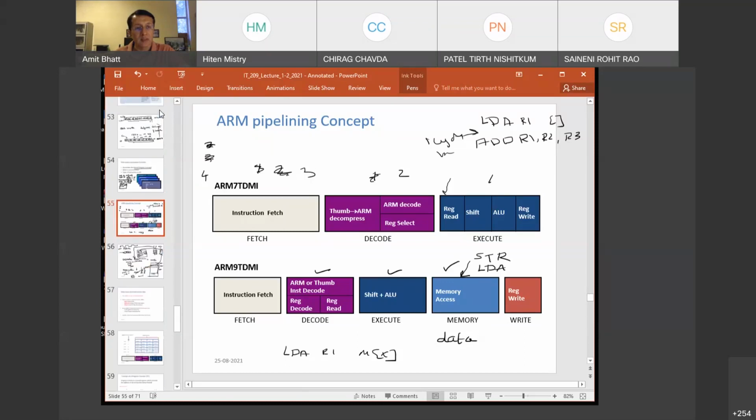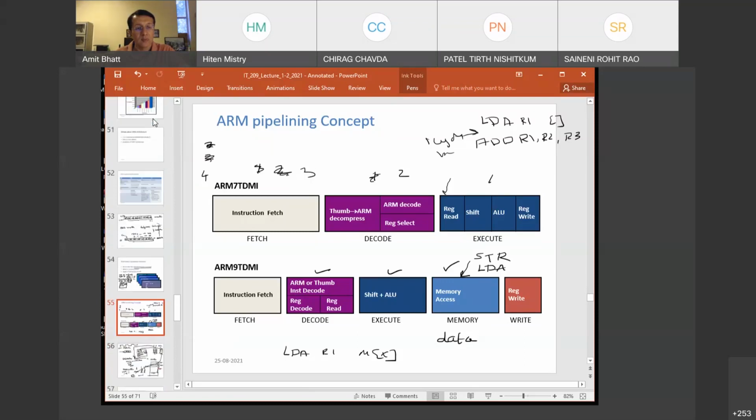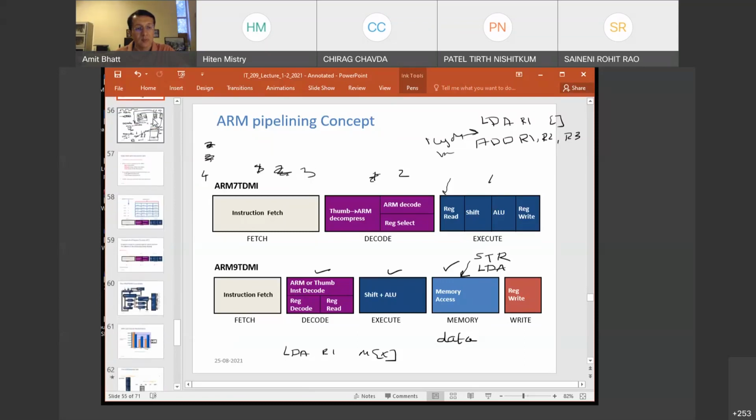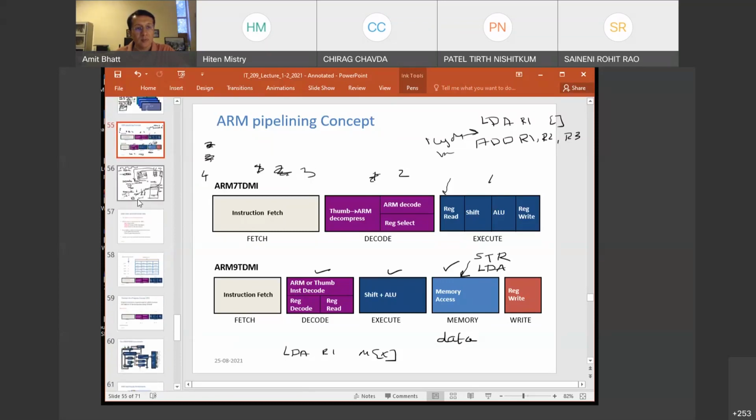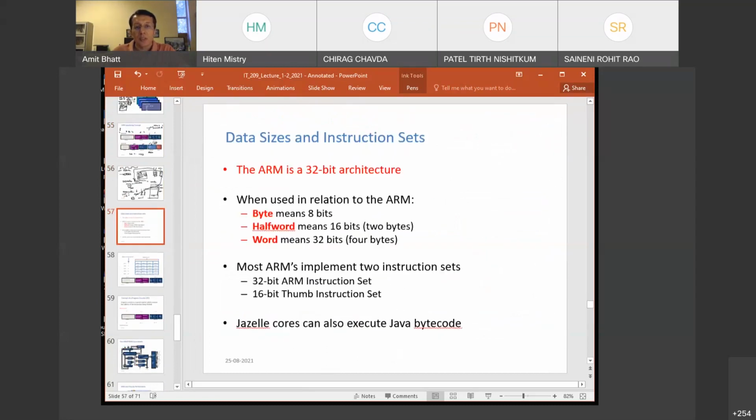Which are used in, say, high-end mobile phones, they are 64-bit.